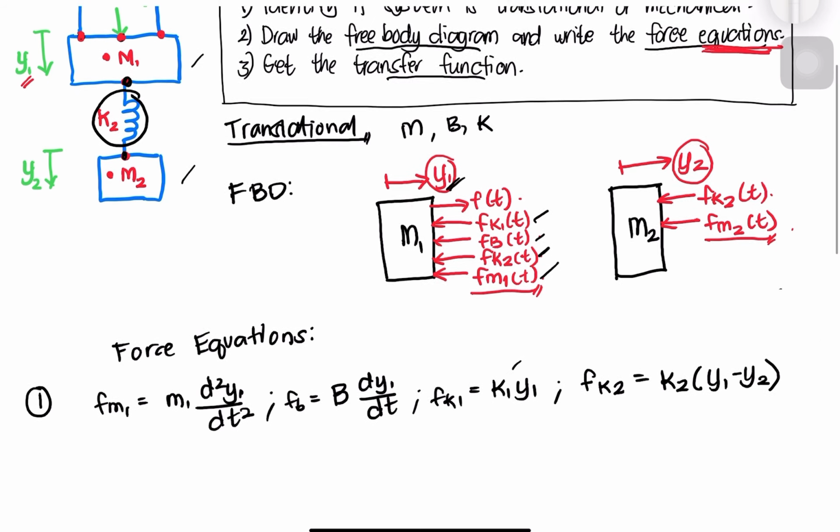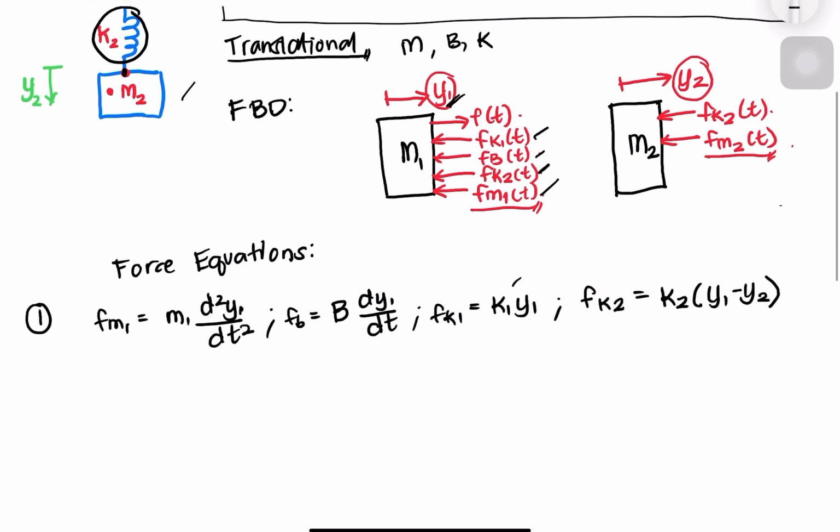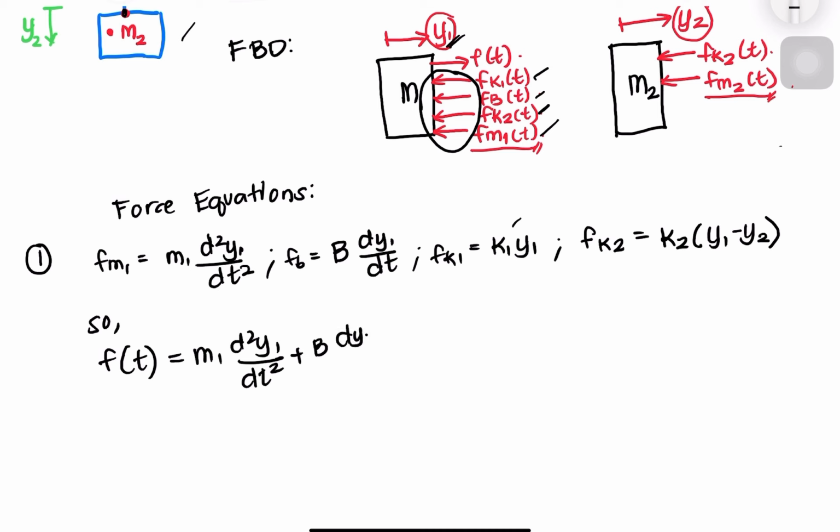Okay. So now we have the individual forces. We can now get the force equation for mass 1. So F of t is the applied force. And according to Newton's law, if a force is applied, there will be an equivalent opposing force. So Ft should be equal to all the forces here: m1 d²y1 over dt² plus b dy1 over dt.